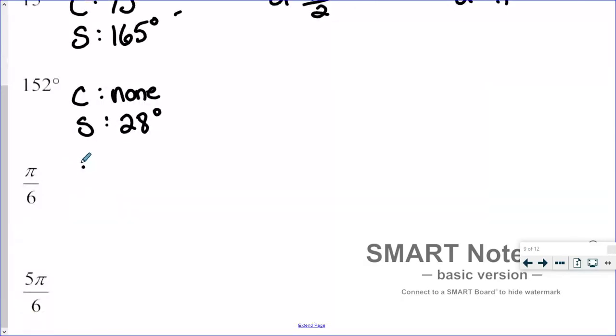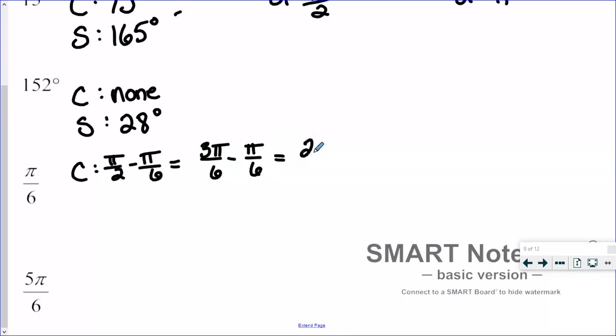So to get the complement, we say pi over 2 minus pi over 6. We need to find a common denominator here, which is obviously going to be 6. So I can multiply both the numerator and denominator by 3, and we get 3 pi over 6 minus pi over 6.